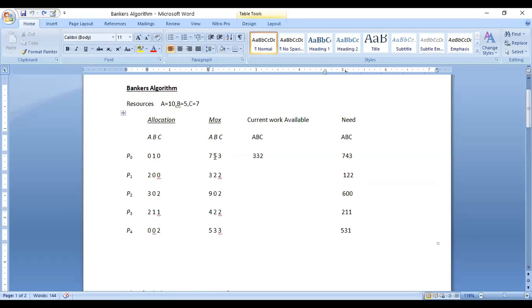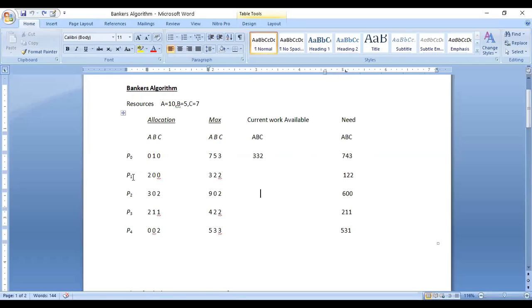That is max minus allocation. How is need calculated? Maximum minus allocation. Is it clear? For each and every process, need is maximum minus allocation. So here 7 minus 0, 7, 5 minus 1, 4, and 3 minus 0, 3. That is 7, 4, 3.